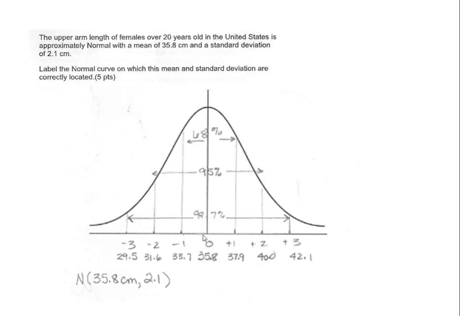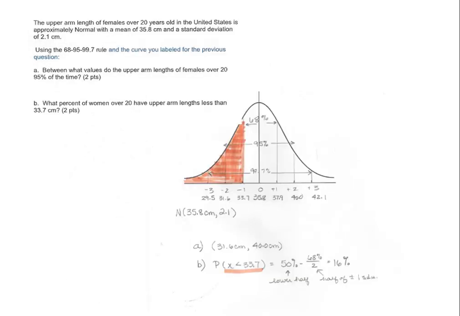All I was looking for here was your standard deviation units and then giving me the values for the 20-year-old females in the United States. Okay, and then for the last question, we use that same distribution, and this time I did want the 68, 95, 99.7 rule.